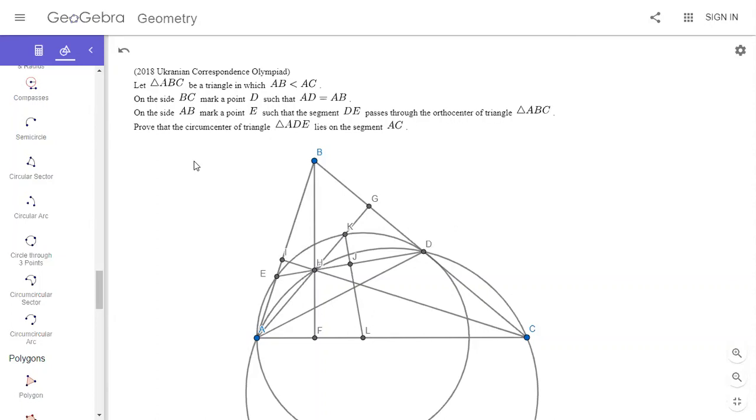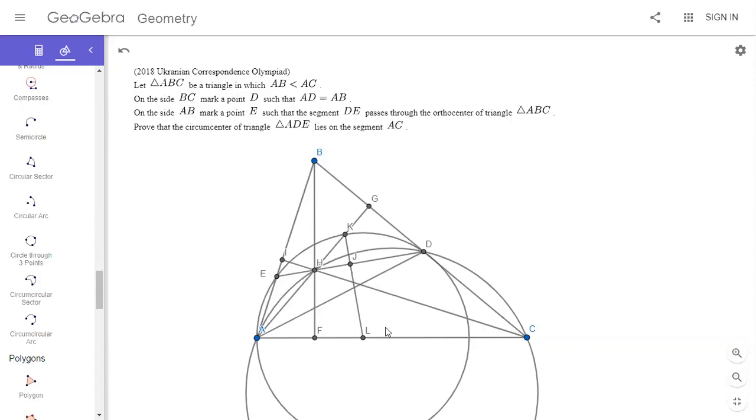We know LE is equal to LD, yes. So if we can show LK equals LA, I believe that is true. Well, let's see. So no, because L could be equidistant from E and D, and also equidistant from A and K, but not necessarily.